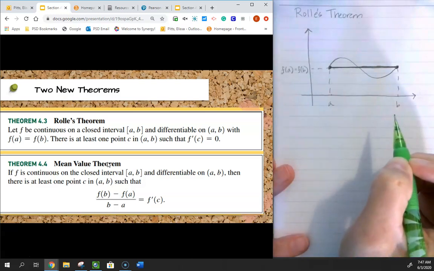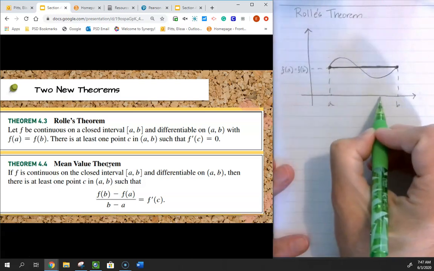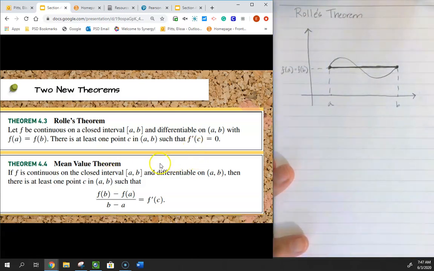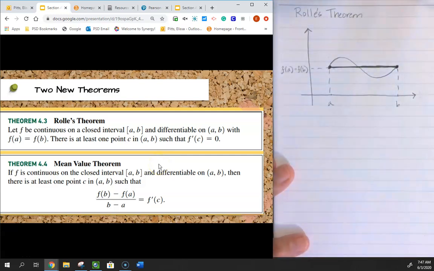And Rolle's theorem says that there will be some value of c where the slope is equal to 0, or the slope is the same as the slope of the secant line.